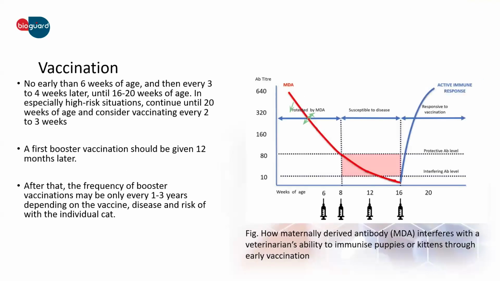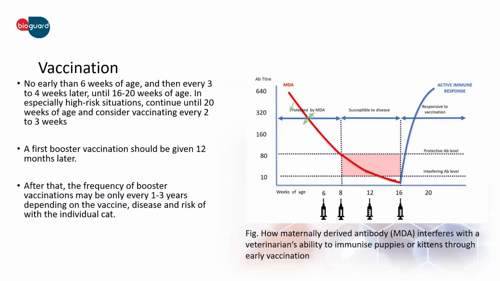And speaking of prevention, the best way to protect the cat from FPV or CPV infection is vaccination.